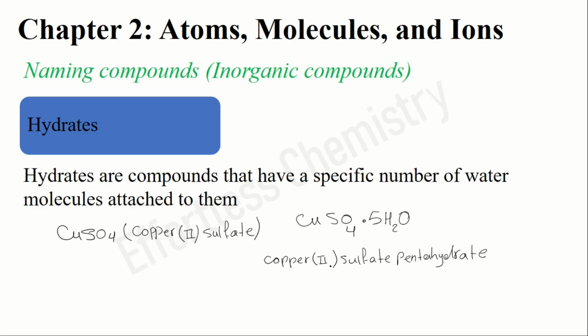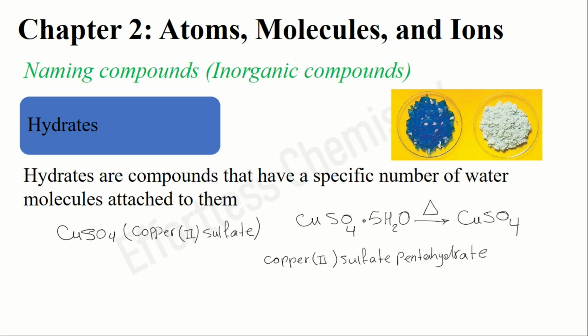The water molecules can be driven off by heating. When this occurs, the resulting compound is copper 2-sulfate. So if we heat this compound, the water molecules evaporate and the resulting compound is copper 2-sulfate after heating.